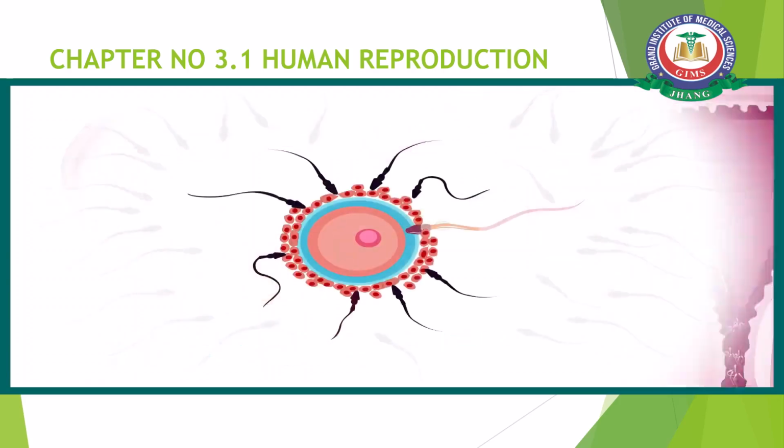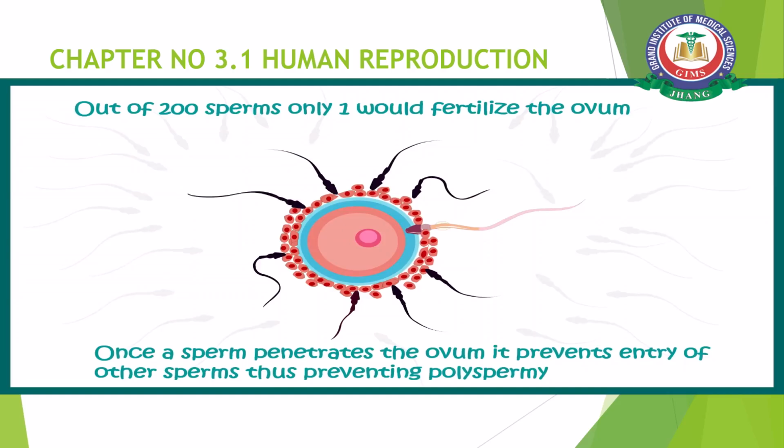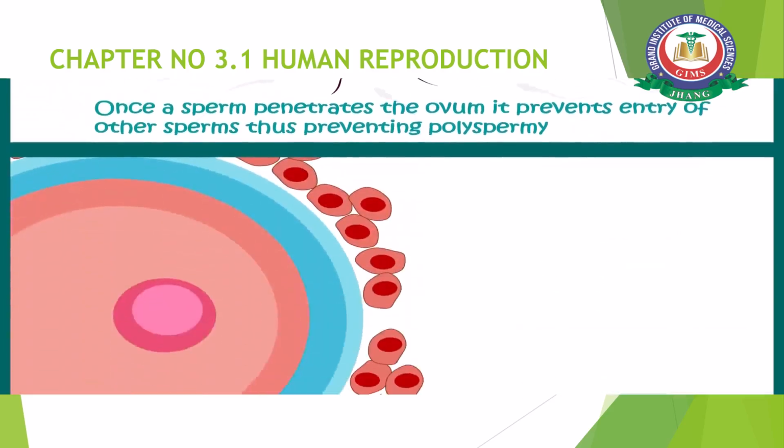Out of these 200, only one would fertilize the ovum, and after the successful penetration, it would ensure other sperm cannot penetrate the ovum, and thus it prevents polyspermy. There would be a separate video on polyspermy as well. All the links are in the i button.